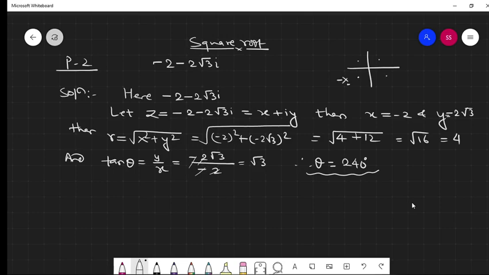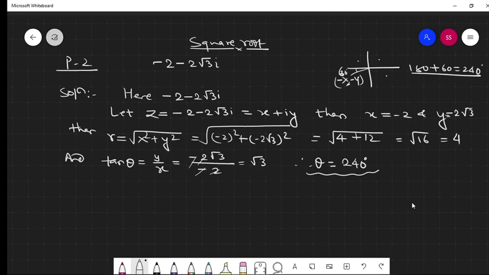Both x and y are negative here. We find the value root 3, but both coordinates are negative, so the angle lies in the third quadrant. This is 60 degrees, 180 plus 60 equals 240 degrees. So you have to write theta is 240 degrees.